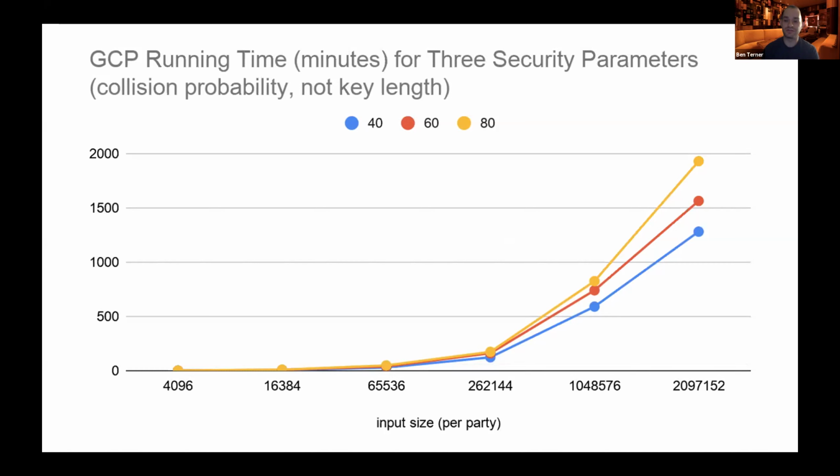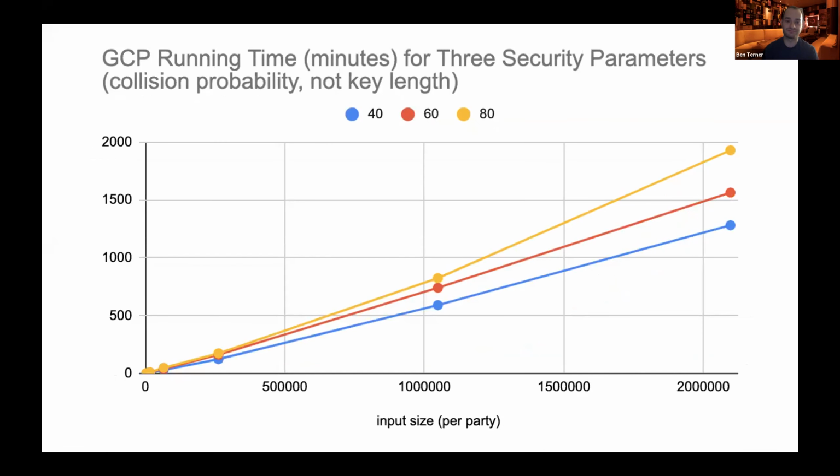Security parameters are on the collision probability. So you have to, as a first step, you hash all of the identifying information, and you don't want collisions in the hashes. And then you can see that this is just the same graph again on a linear scale on the input size to see how long it takes. And that's all I got.